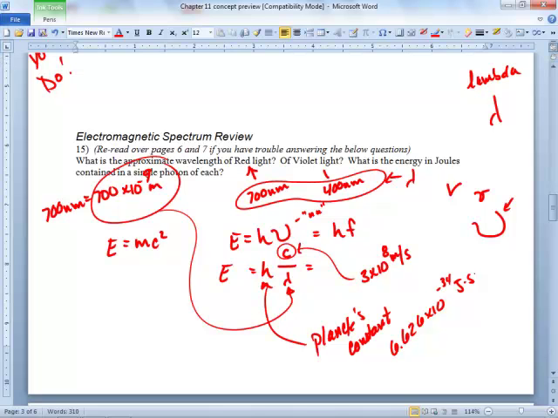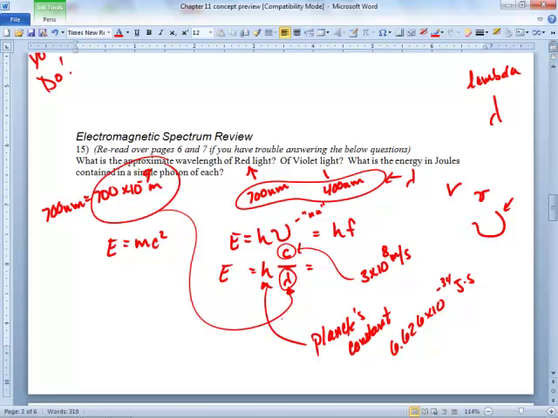You notice the energy units in there, joules. So you just put all that stuff in, you can get the energy of a single photon. The shorter the wavelength, the higher or lower the energy? The higher, yeah, because notice you're dividing by a smaller and smaller number. So yeah, we'll get higher energy.